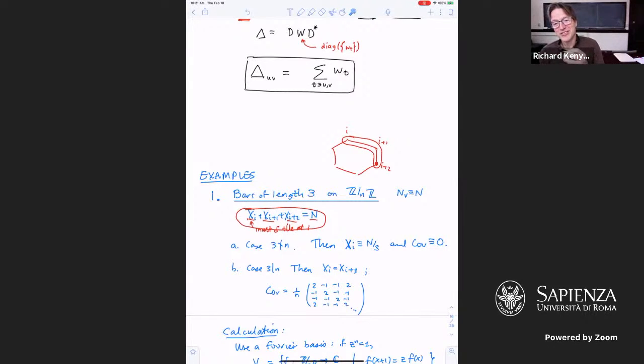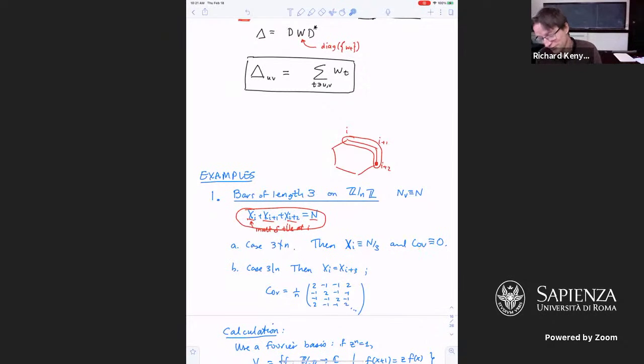So there's only one choice of multiplicities which work. And so all the multiplicities are exactly n over 3.